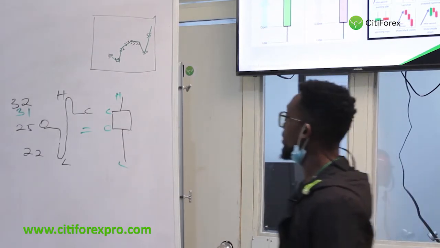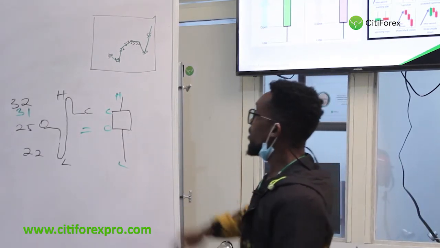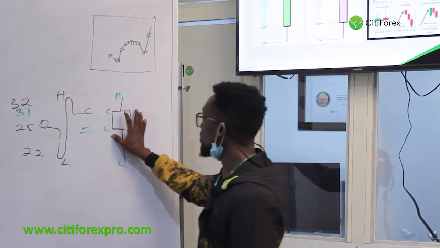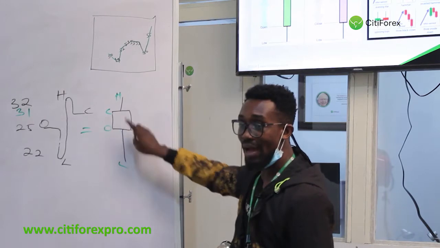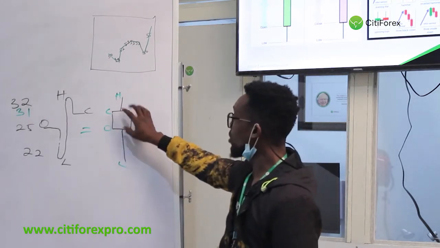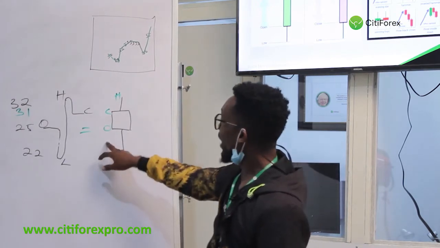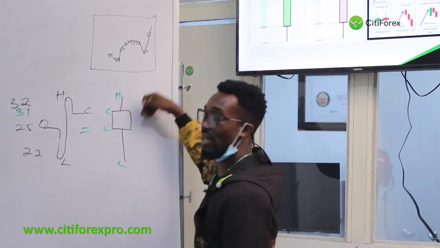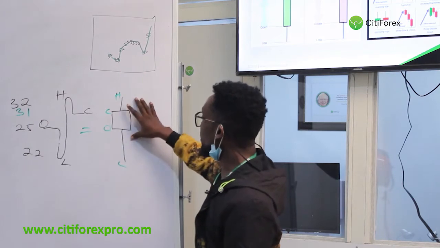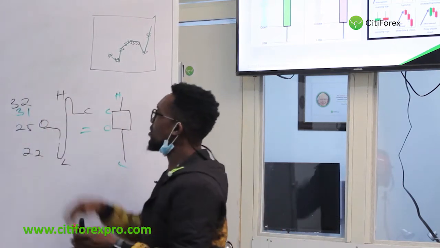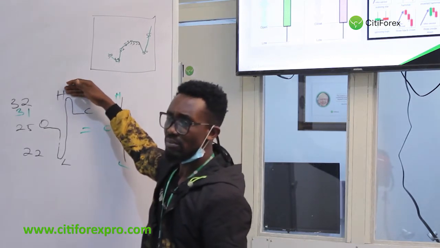And again, I have to emphasize that the reason for bringing out this and translating it to this is because we want to know who owns the bar. And that's what is going to tell us whether there is a breakout or not. If I am hoping to buy from a certain level, but I see that the price got to 32, maybe something happened.